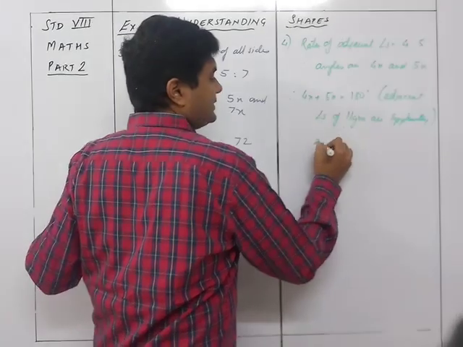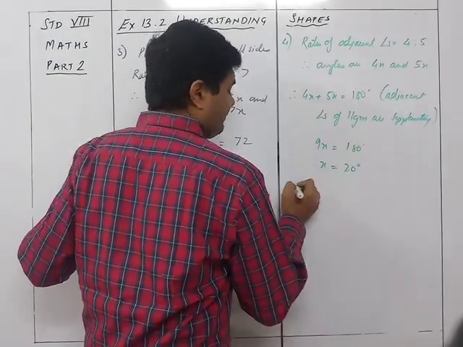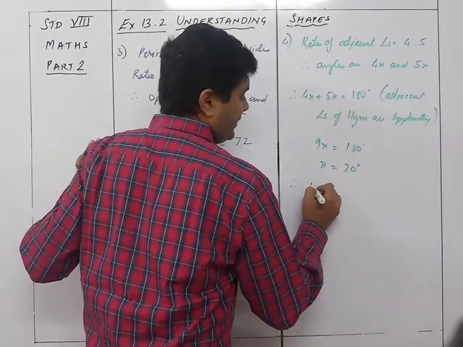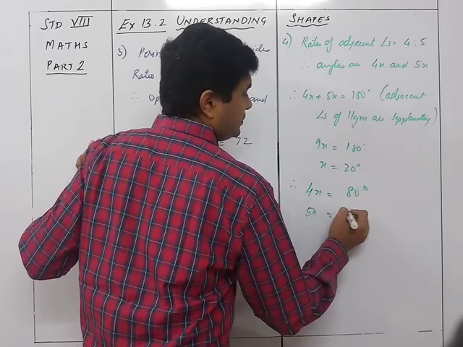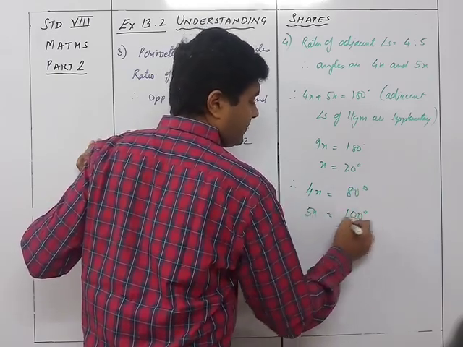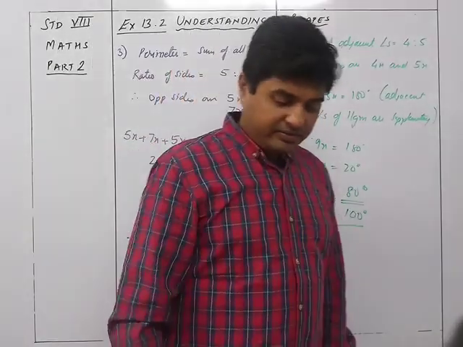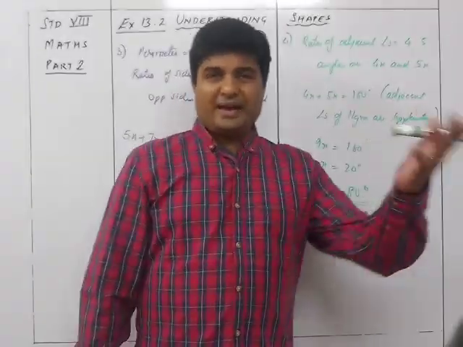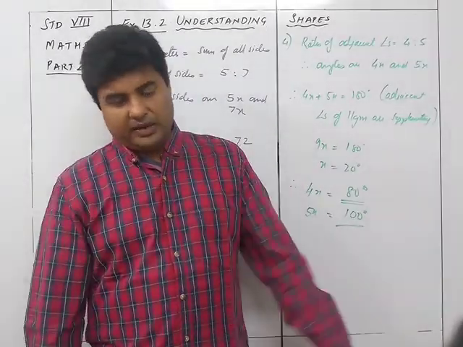So 9x is equal to 180 degrees, x is equal to 20 degrees. Therefore, angle 4x is equal to 80 degrees and 5x is equal to 100 degrees. So the adjacent angles are 100 degrees and 80 degrees. So of course, angle A 100, angle B 80, angle C 100, D 80.